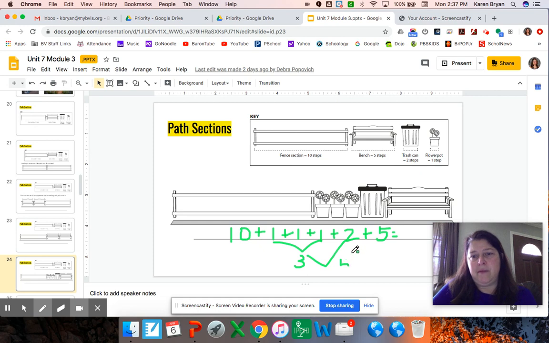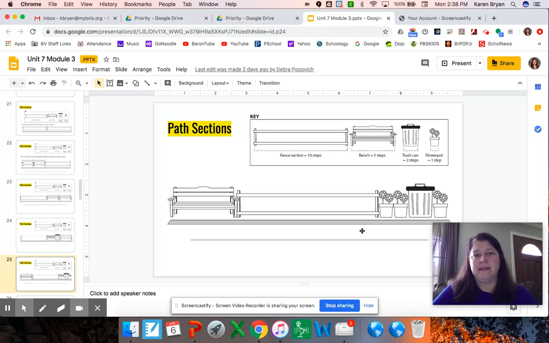Now, we have to remember that once we've used this 3, we don't want to count it a second time. So I have to add my 10 plus my 5 plus this extra 5 here. Don't get confused when you start marking down or marking up above. So 10 plus 5 again is another way to make a 20.